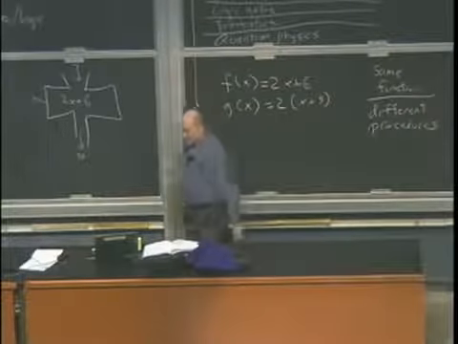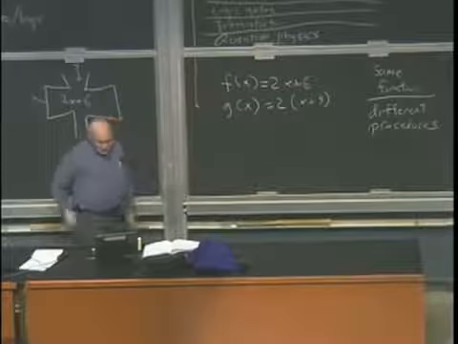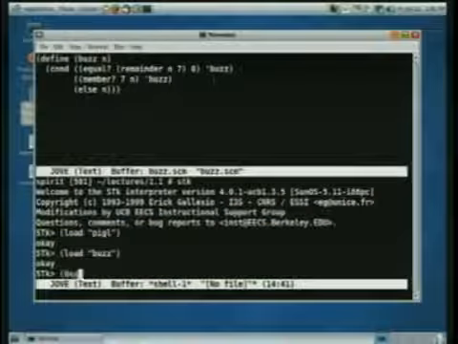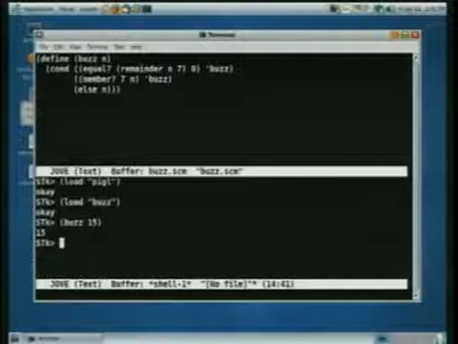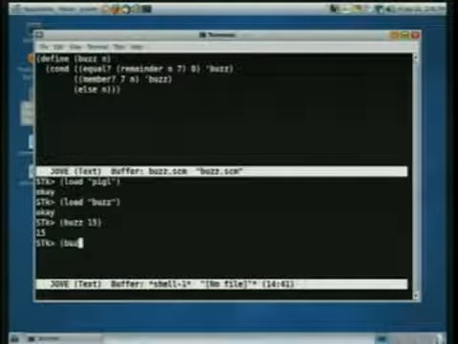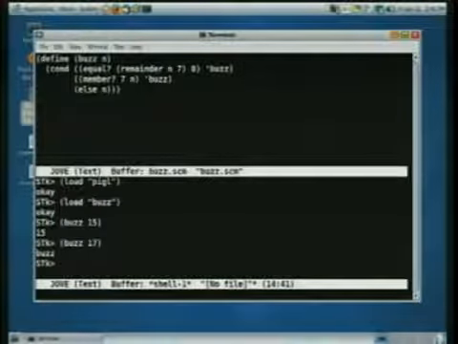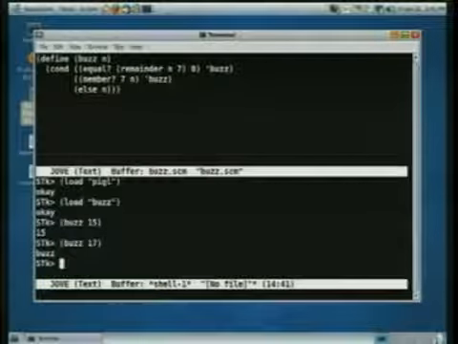All right. So here's this procedure that plays Buzz. And the way it works is you give it a number, like you say Buzz 15, and it says 15. You give it Buzz 17, and it says Buzz. Okay. How does that work? Look up at the top half of the screen. It uses cond.